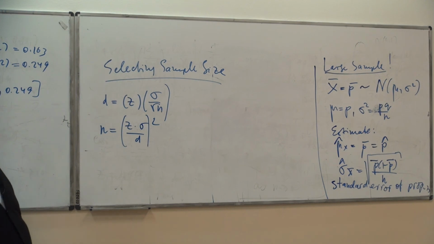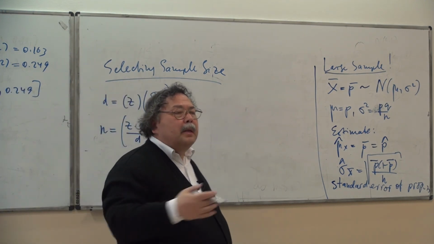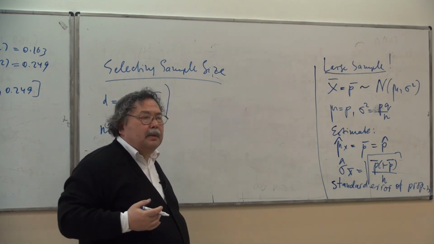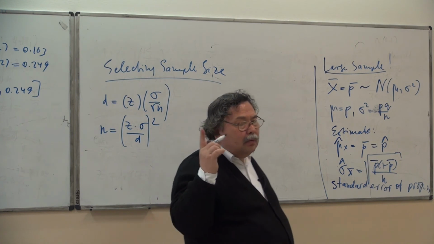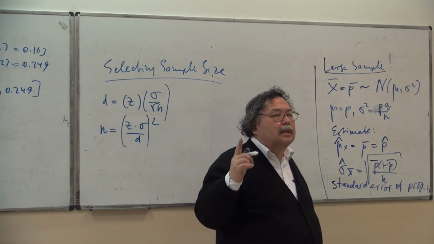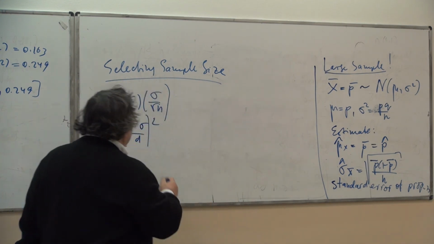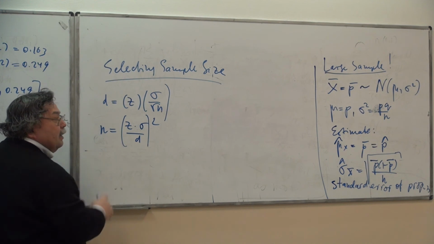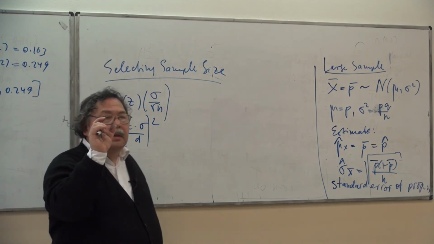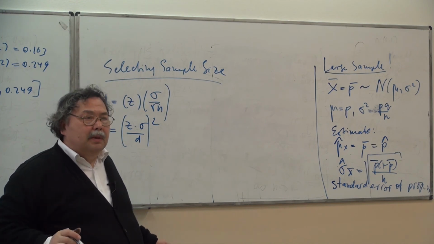Look at this. Whenever you plan field research, it's a necessary step. You need to estimate the sample size that will give you satisfactory answers to your questions. Okay? Now, what means satisfactory? You need to specify the value, the width or half width of the interval that you will be happy with.